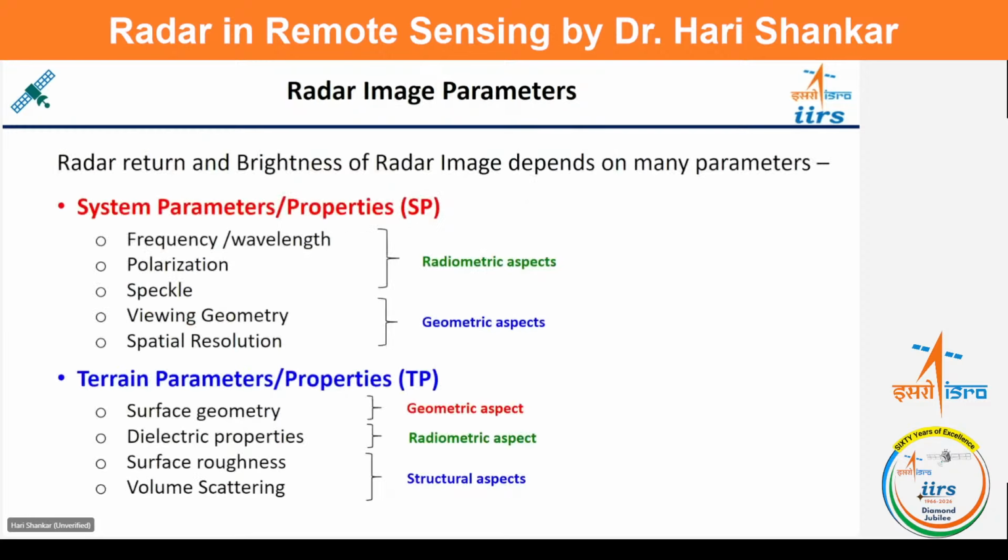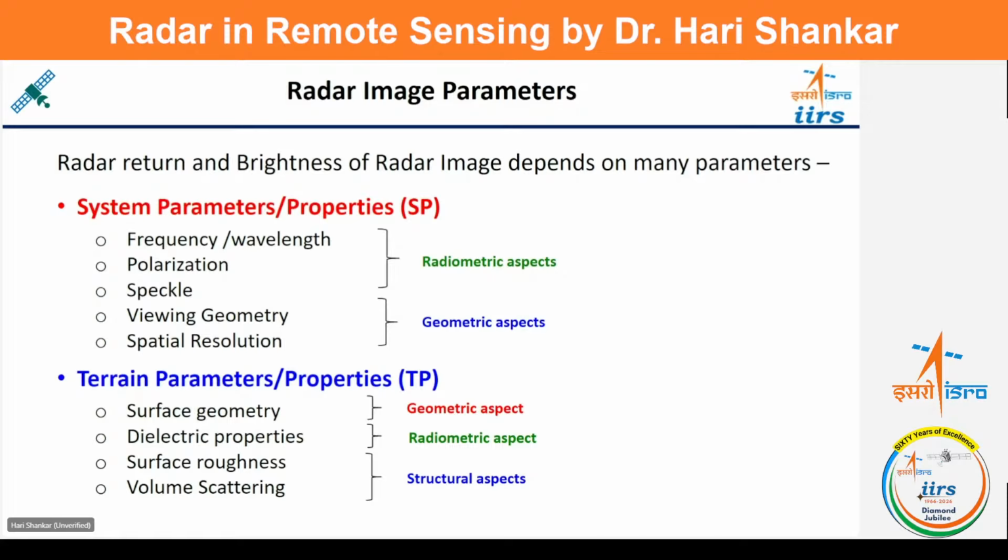So here, these are some radar image parameters. I have categorized them in two categories. One is called the system parameters or system properties. In short, I will now use the term SP. And another set of parameters is the terrain parameters or terrain properties, like TP. Okay.